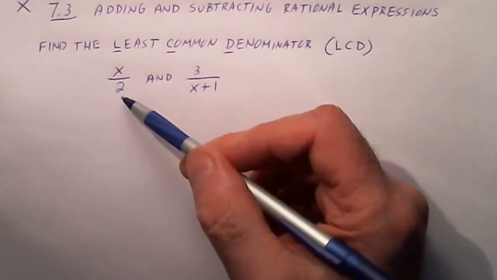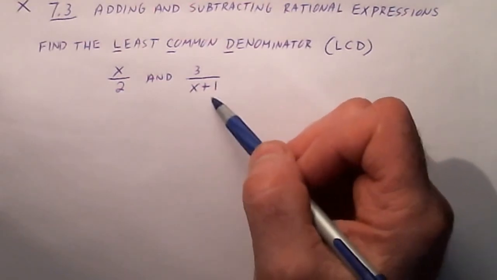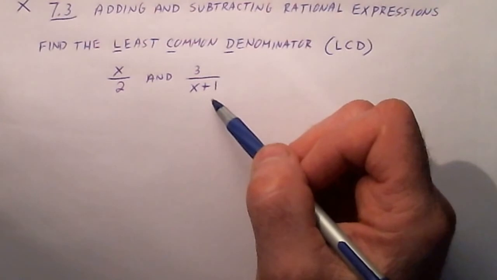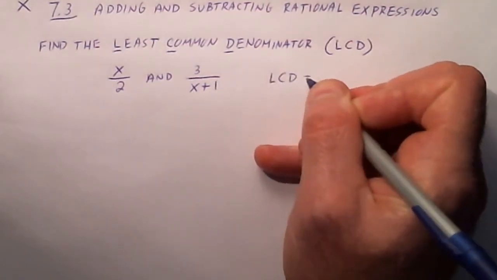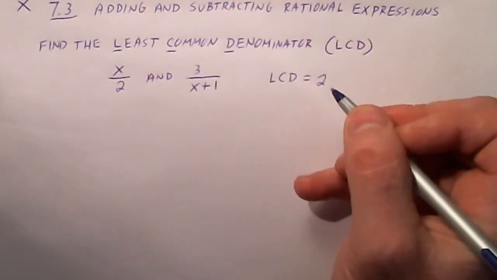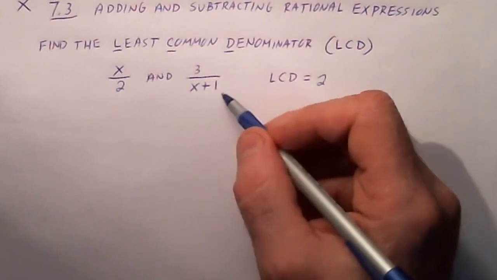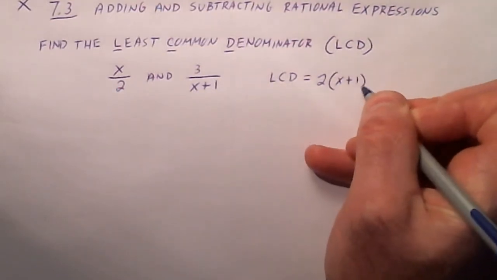Notice that 2 is already factored. X plus 1 cannot be further factored down. Therefore, the least common denominator for both these rational expressions is going to have to contain a 2, and also one binomial factor of x plus 1.